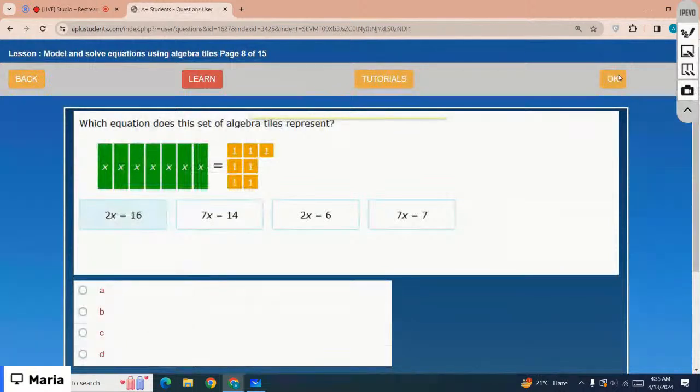Which is the correct option? Yes, that is 7x equals 7. Option number D is the correct option.